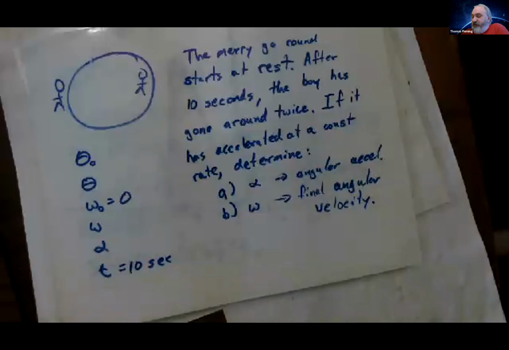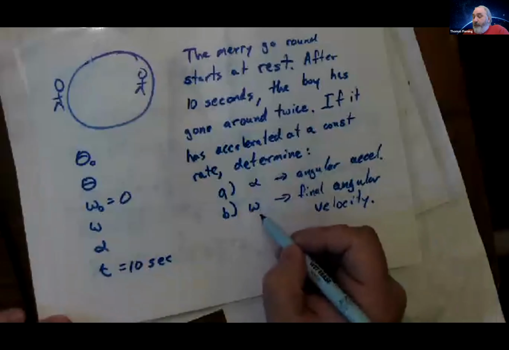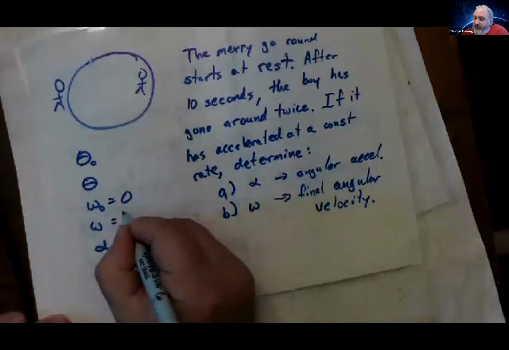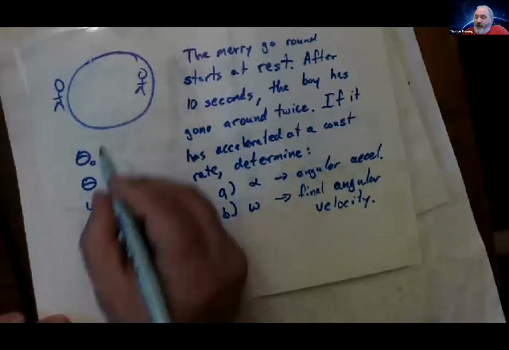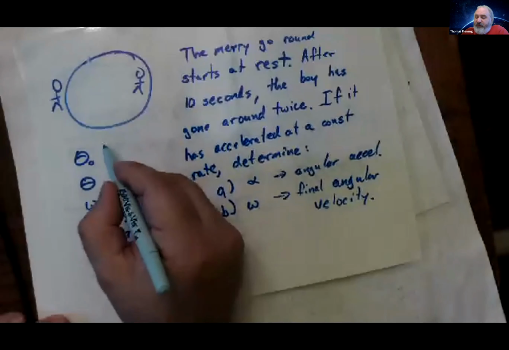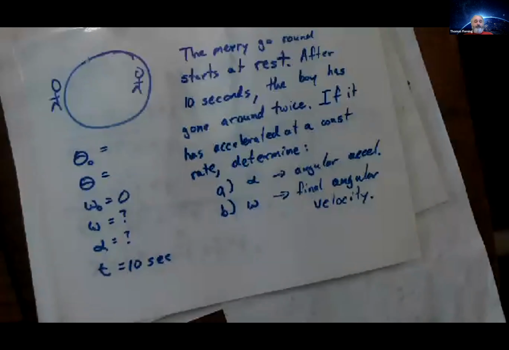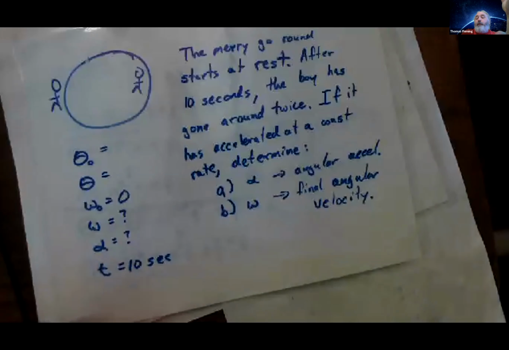So the big question is, obviously, we don't know alpha or omega because the question is asking me about both of those things. So both of these are unknown, which means I probably know something about the positions, and I just haven't put it into words yet. So back in chapter 2, when we were dealing with positions, you had to choose a coordinate system.